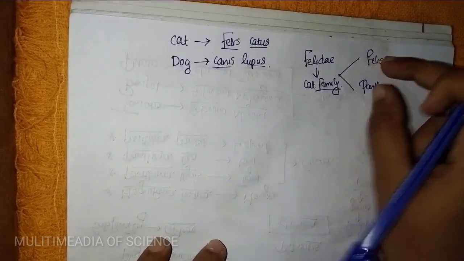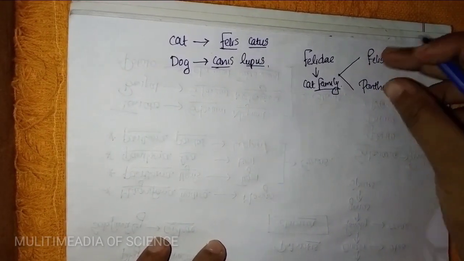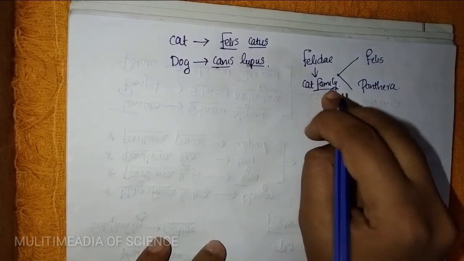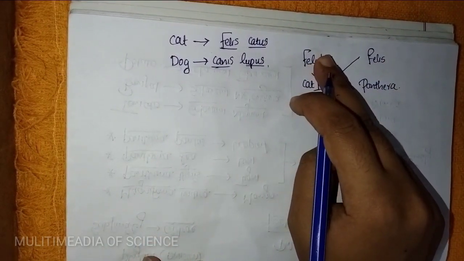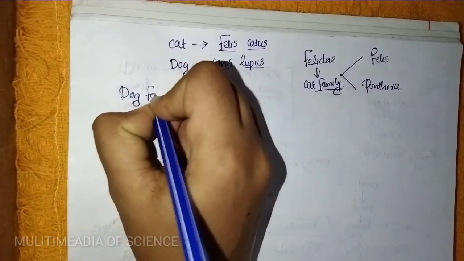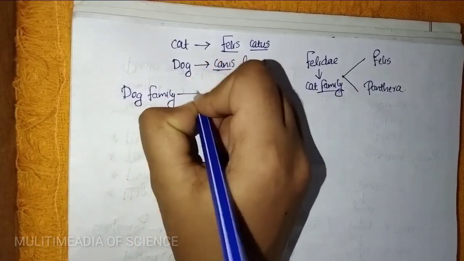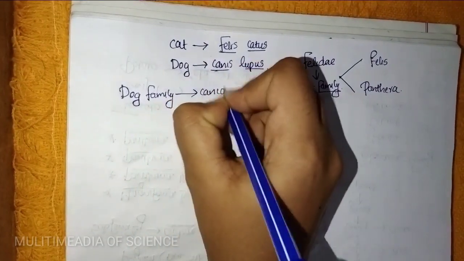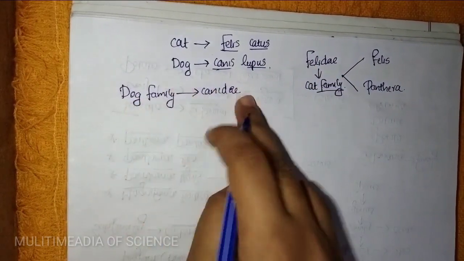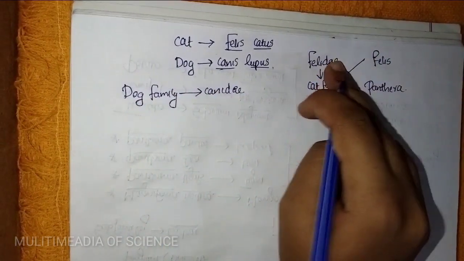Panthera and Felis are both genera, and these two genera are included in the same family, the cat family Felidae. Clear? Then the dog family is Canidae.